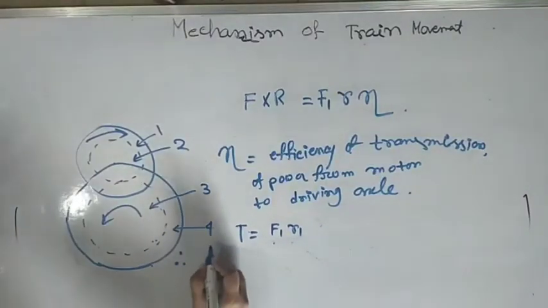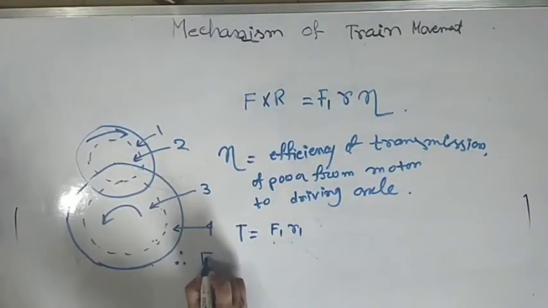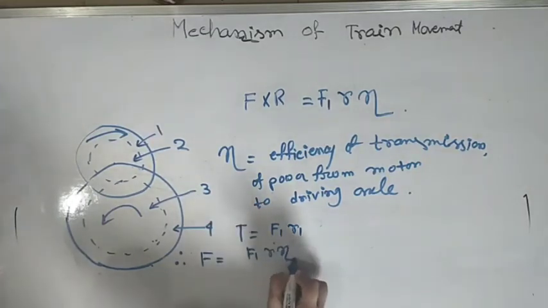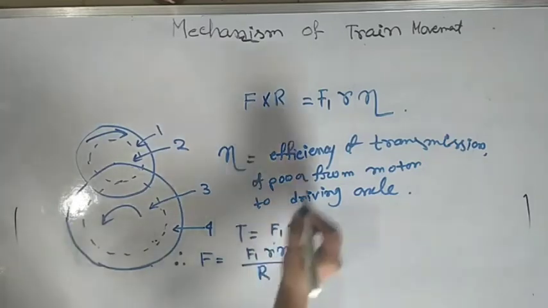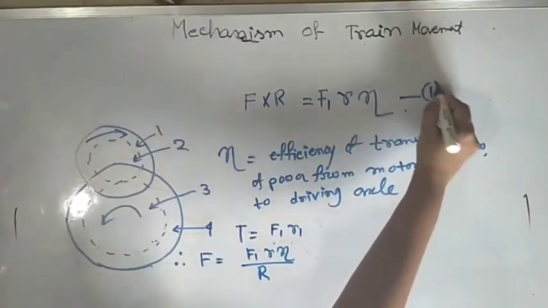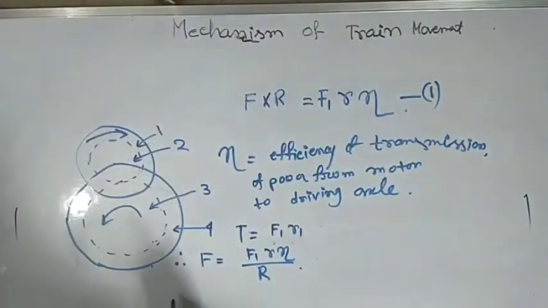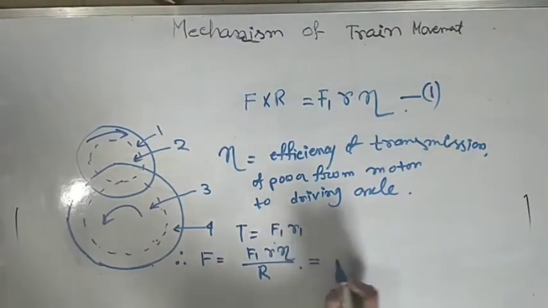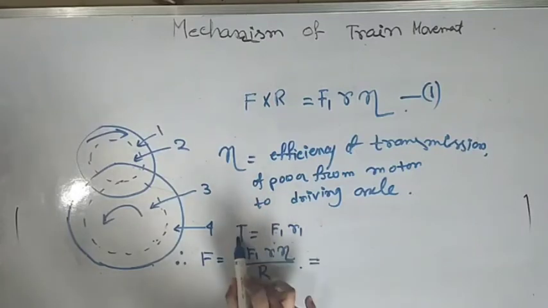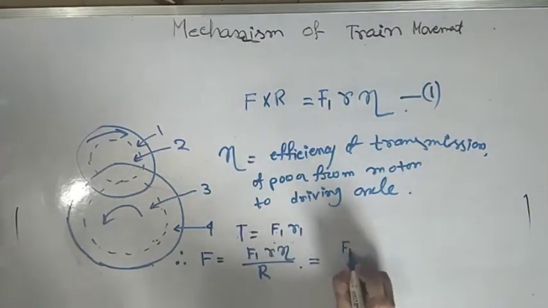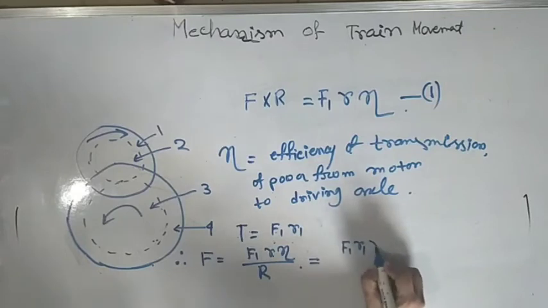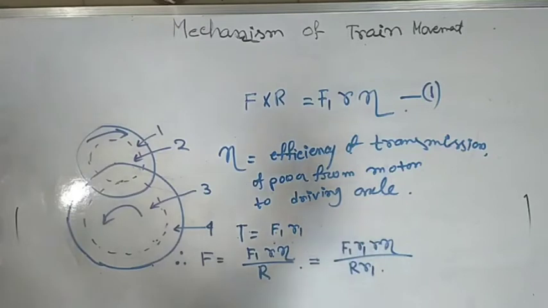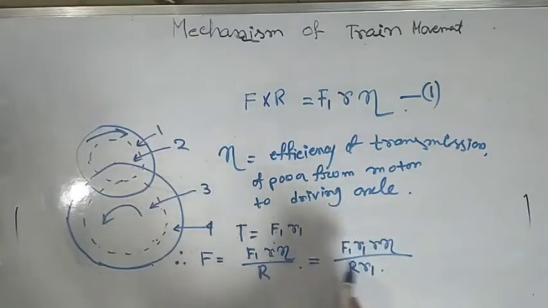So therefore F is equal to F1 R1 eta by R. Suppose this is equation 1. From equation 1 we get this. Now F1 R1 is equal to T, so I can write this equation as this.